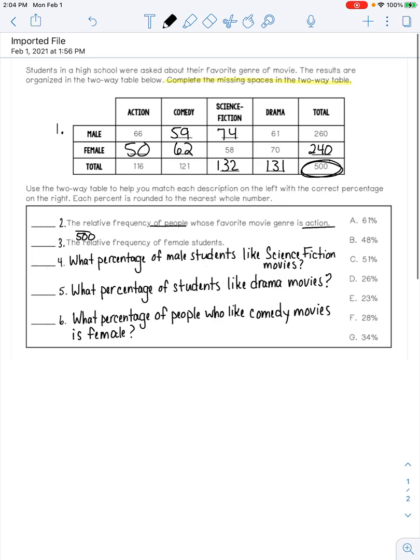Well, if I look, my total for action is 116. So my fraction is 116 over 500. So we do top divided by bottom times 100. And that gives you about 23%. So number 2 is going to be E.